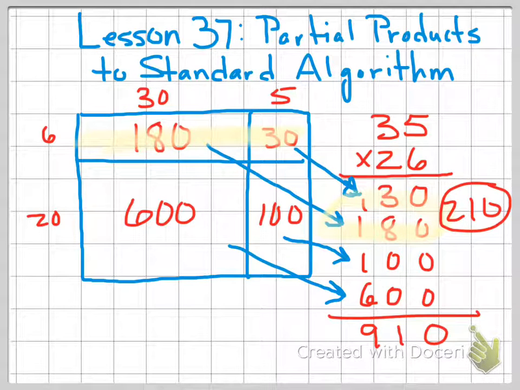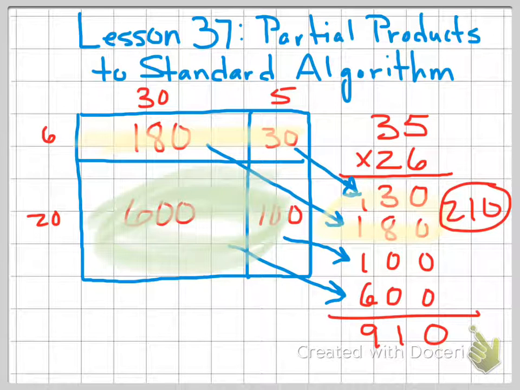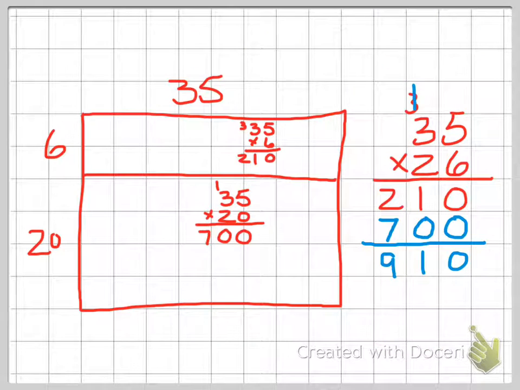And when I come down here and I look at the area of these two rectangles together, then I would add these two numbers, and I would find that I have 700. And we can see how that compares to the standard algorithm.